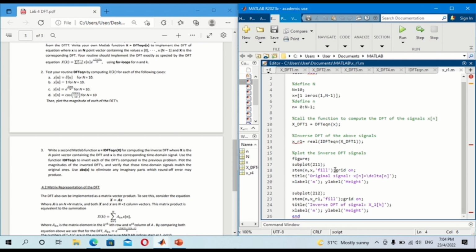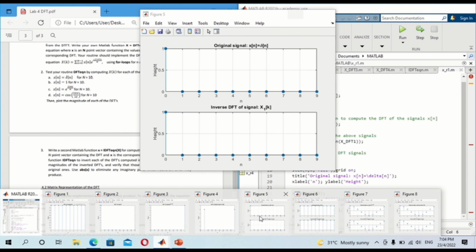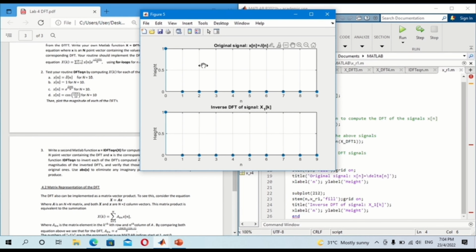For plotting, we need to plot two graphs, the original graph and the inverse graph, using these two codes. After running our code, we get this unit step graph, which is the magnitude of our signal. From the graph, we can observe that the original and the inverse have the same values and the same graph.